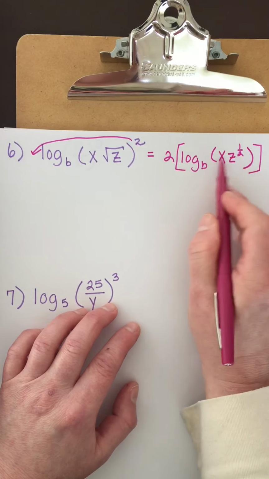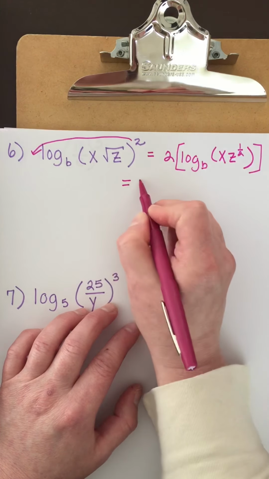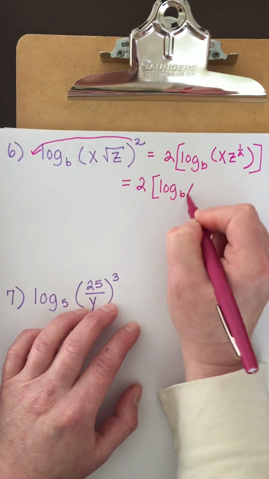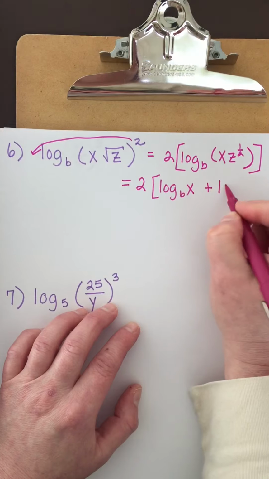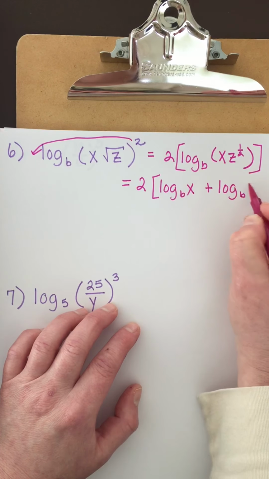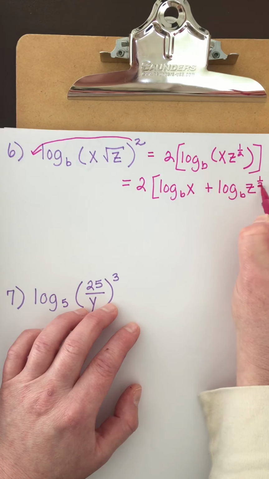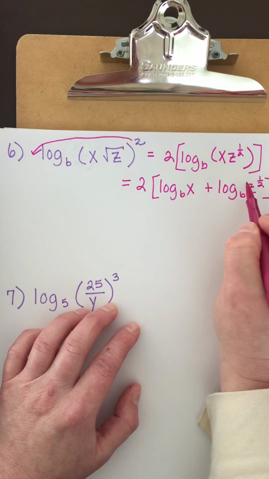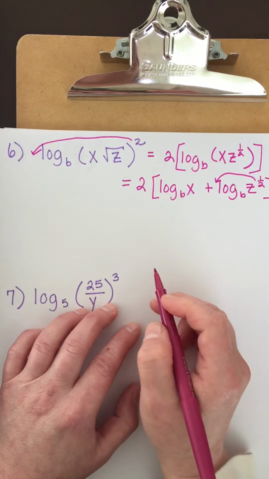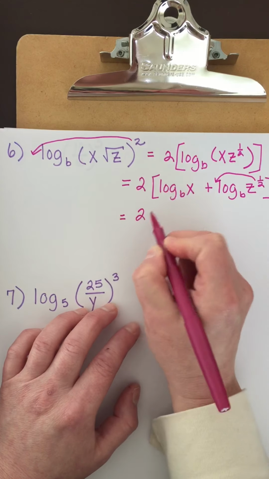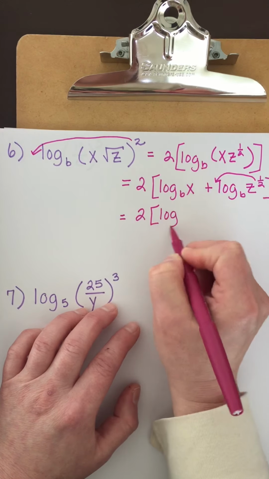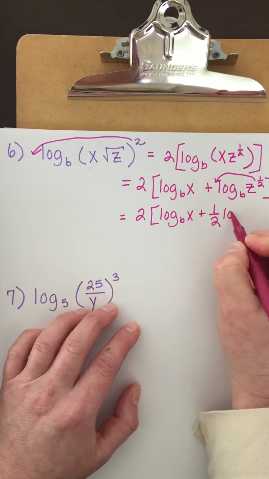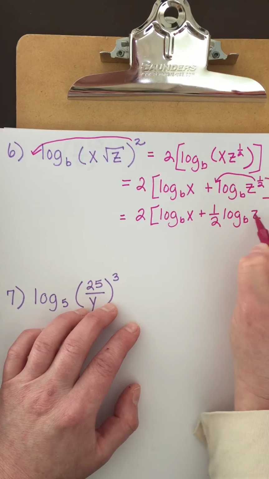And now here we have a product, so I'm going to use the product rule. So that'll be 2 times the log base b of x plus the log base b of z to the 1/2 power. I'm going to use the power rule again and move this 1/2 out front. So that'll be 2 times the log base b of x plus 1/2 times the log base b of z.